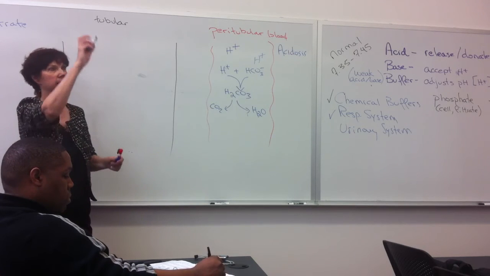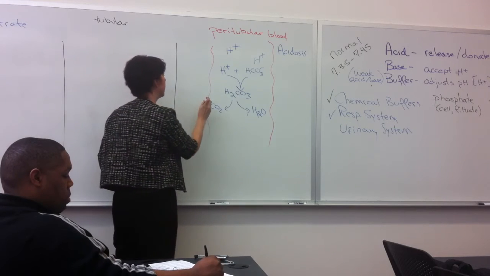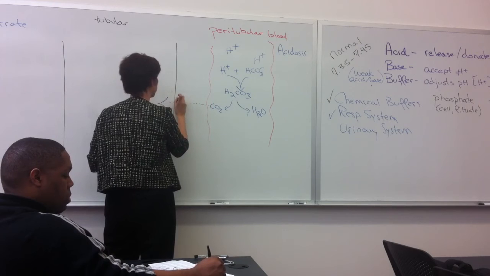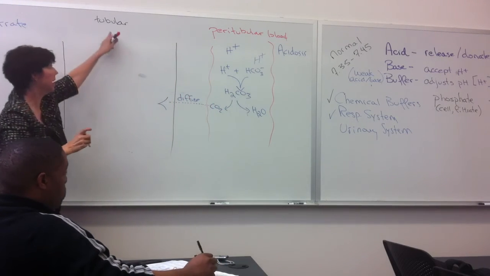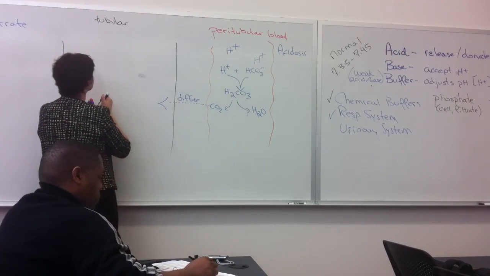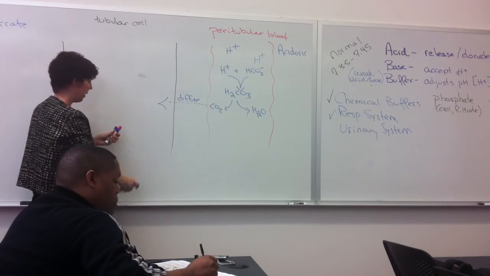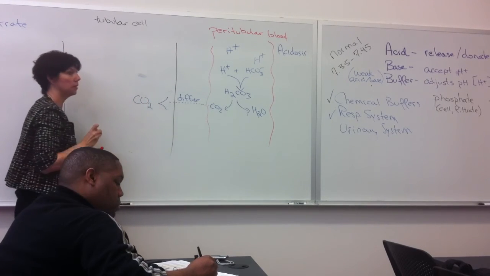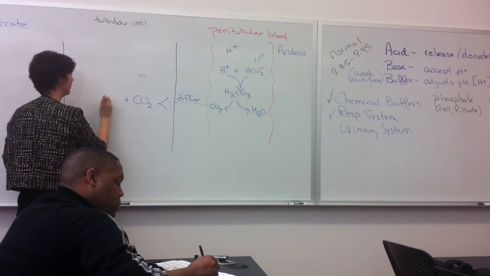CO2 is moving, well actually it's not shown, it would be happening in a capillary, but what's happening in the purple section now is the carbon dioxide is going to diffuse out of the blood into our tubular cell. And within the tubular cell, carbon dioxide is going to react with water.